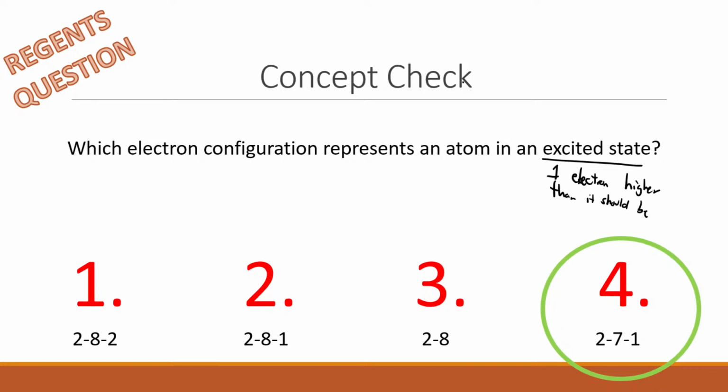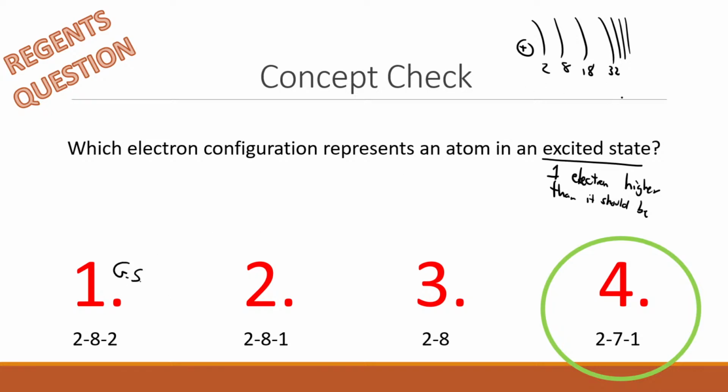We know that in the first shell we can hold 2 electrons. In the second we should be able to hold 8, 18, and then 32 for the last 4 shells. So here, choice 1, 2, 8 is filled, filled, partially filled. That's ground state.